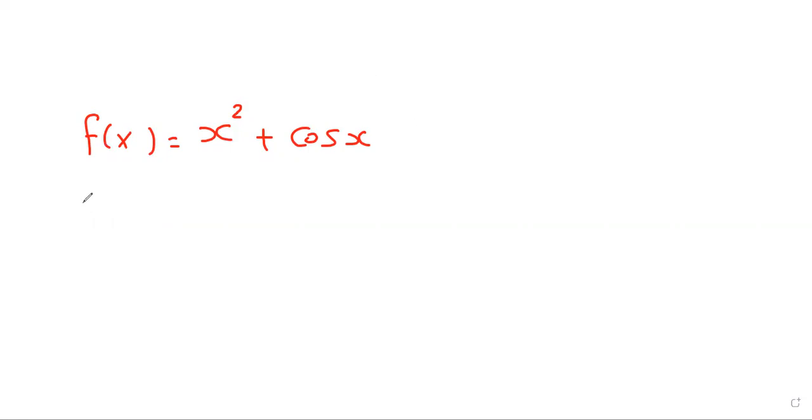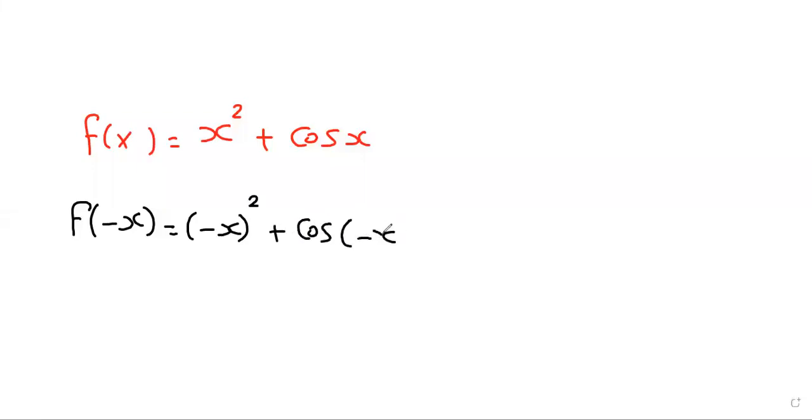We'll find f of negative x. Go on. Negative x to the power of 2 plus cosine of negative x. Great. What is the next step? The next step is going to be negative x squared, x squared plus cosine x.